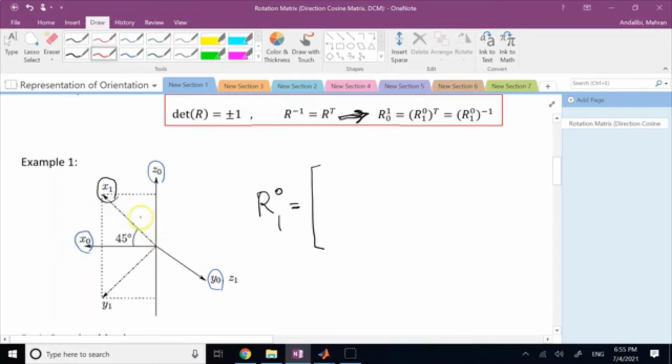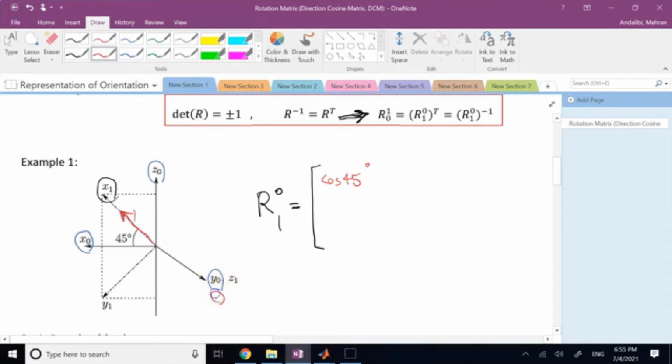Well, clearly, the magnitude is 1, because we are projecting unit vectors. Once you project it along x0, clearly it is going to be cosine of 45 degrees. What about y0? Well, y0 and z1 are both perpendicular. So the way they are shown, it means they are perpendicular.